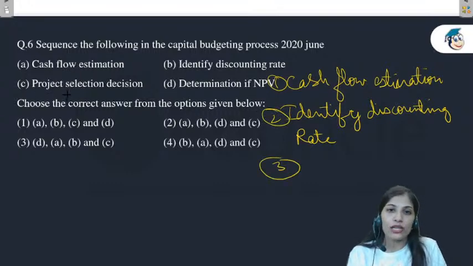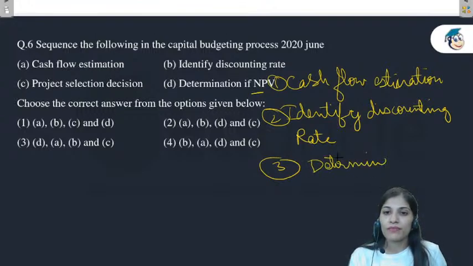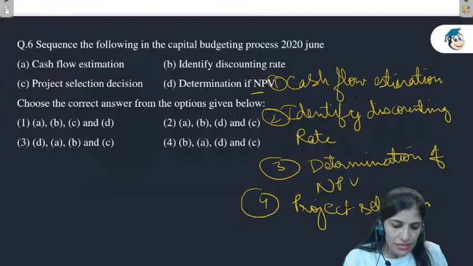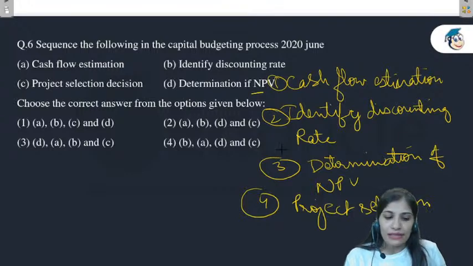See, project selection तभी होगा जब आपका NPV का रेट आ जाएगा. नेट प्रेजेंट वैल्यू के रेट के बाद में आप वैल्यूज डिटरमाइन करके प्रोजेक्ट को सिलेक्ट करते हो. See everyone, as per this question I have mentioned these processes, right? So our option would be A, B, D, C. Option number 2.